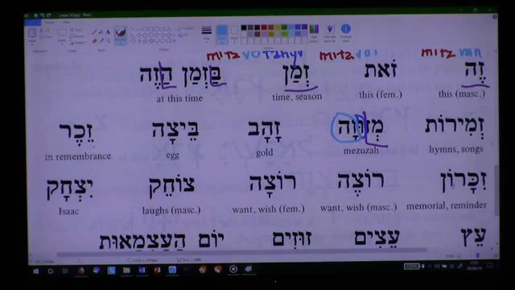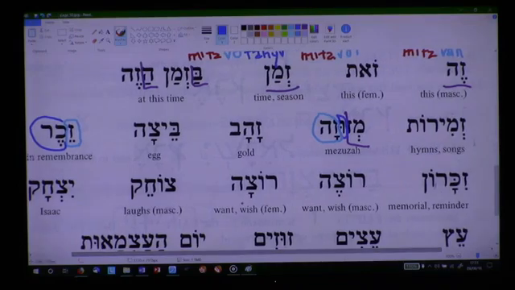In remembrance is zeker. The zayin is a z. So a memorial must have that root, the zayin kaf resh.